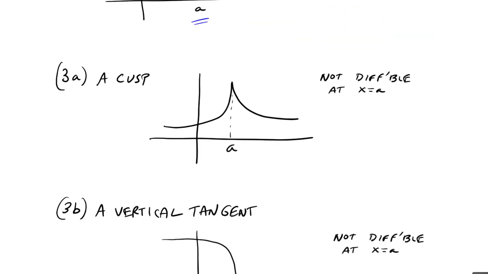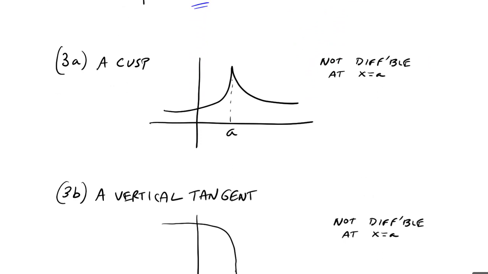A similar looking issue is a cusp. Now, it can be very difficult to draw this and see the difference, or even see the difference on a graph. So let me explain the difference here. It does look like there's a corner there, and we often don't make too much of a big deal about distinguishing that formally between cusp and corner. I'm not going to make a big deal if you interchange them, but there is technically a difference.